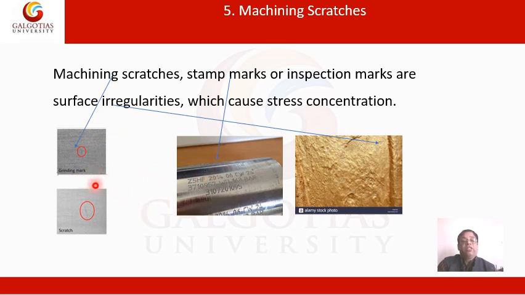Here in this diagram you can see this is a grinding mark, so grinding scratches. Here you can see the stamping marks, because of this the stress will increase here, and in this last figure you can see the surface irregularities, which will also enhance the stress where there is more irregularity.